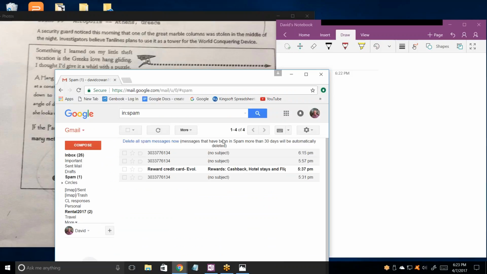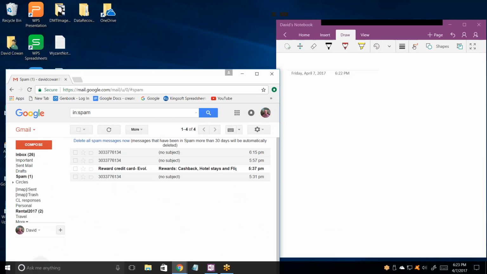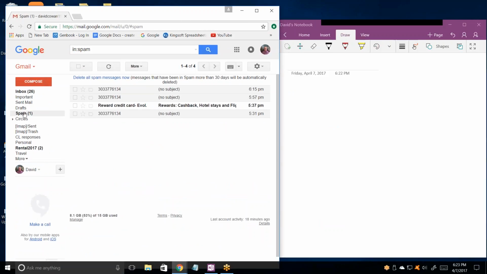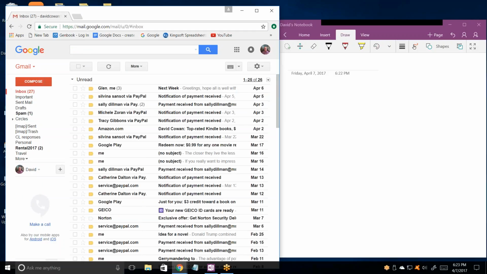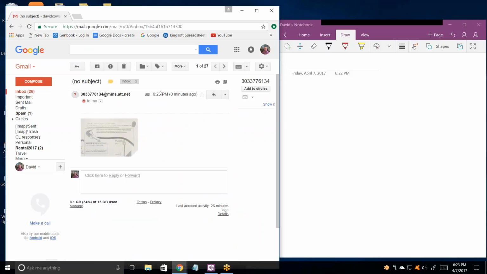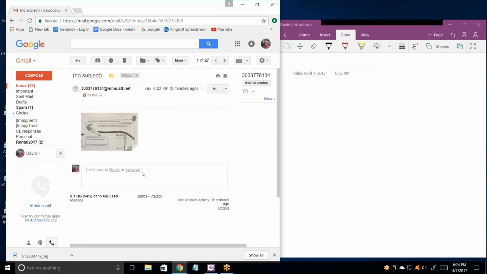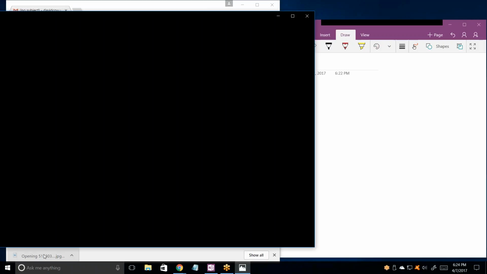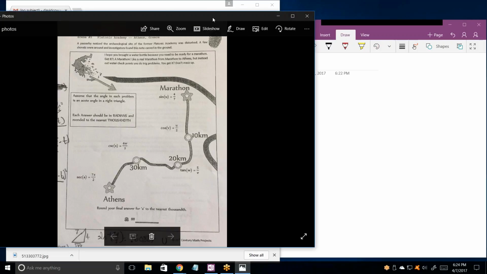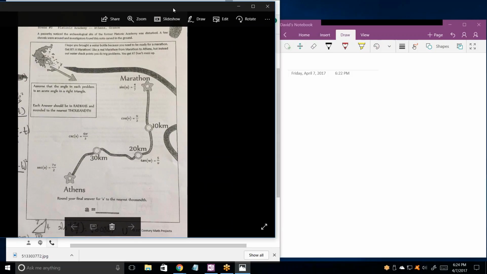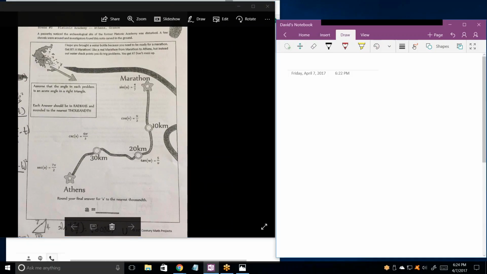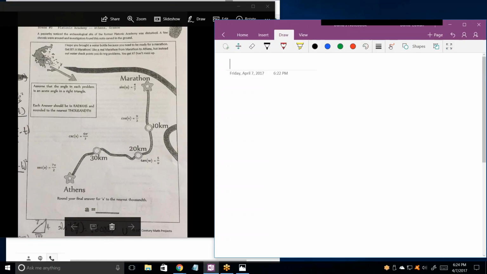I've never seen that happen where I get the first two, but I don't get the third one. Still not in spam. There it is. That's weird. It came into my regular. Maybe after I've opened both of those spams, Google recognizes this as non-spam, and so it puts it into my regular account instead of my spam filter. Wow, that's almost impressive that they've figured out how to make it that dynamic.